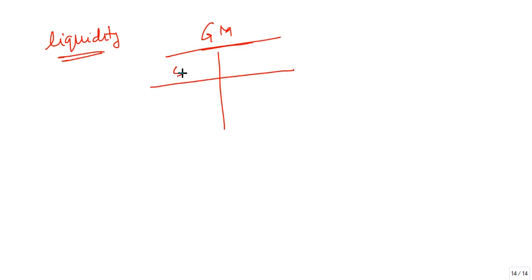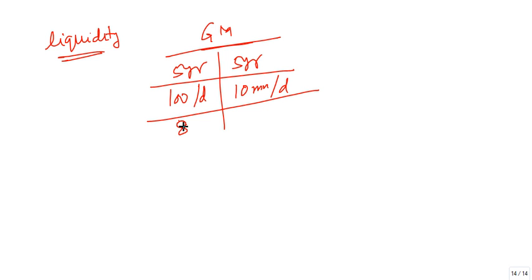Please note, think about two bonds from the General Motors table only. Both have the same time to maturity, 5 years. This bond's liquidity is 100 bonds per day. This bond's liquidity is 10 million per day. The coupon is 8%. So you have time to maturity, the liquidity, and the coupon.